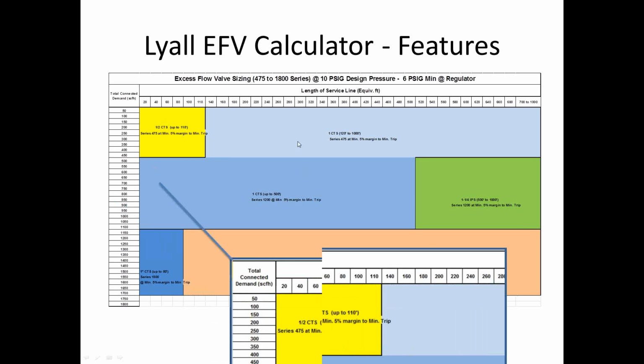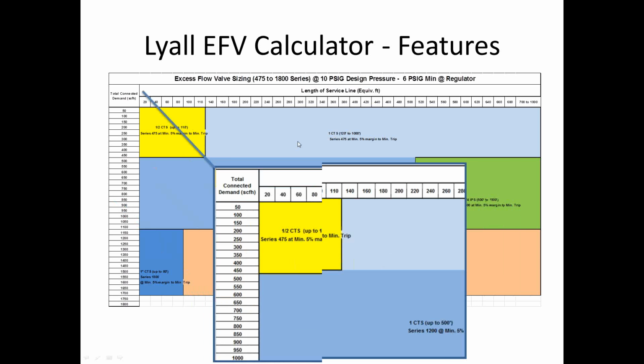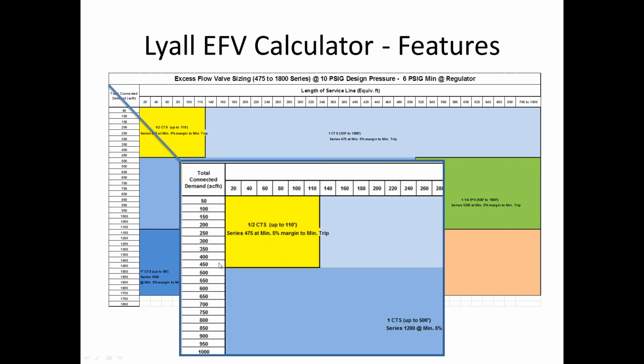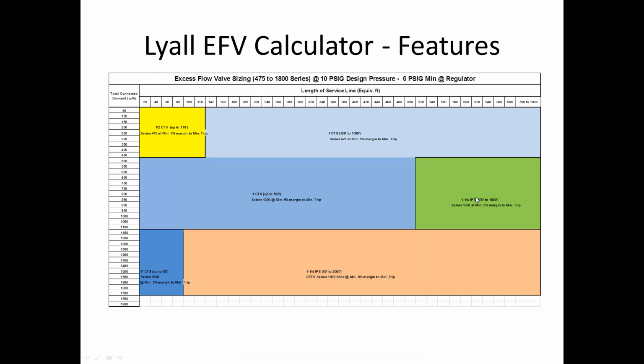If we zoom in here a little bit, you can see for half CTS up to 110 feet with a load of 450, that keeps you at that 5% margin between your anticipated load and the minimum trip point at those conditions, and also allows you to maintain that 6 psi minimum at the regulator. So if you were putting in a service within these parameters, then you could use the Series 475 in your half CTS line.